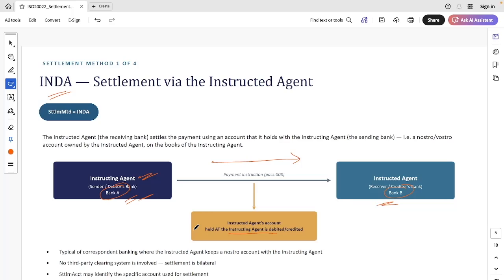There is no separate clearing system involved here. It's a bilateral settlement arrangement between the two banks. Also, the settlement account field may be used to identify the exact account used for settlement. So just remember, INDA means the instructed agent's account is used.